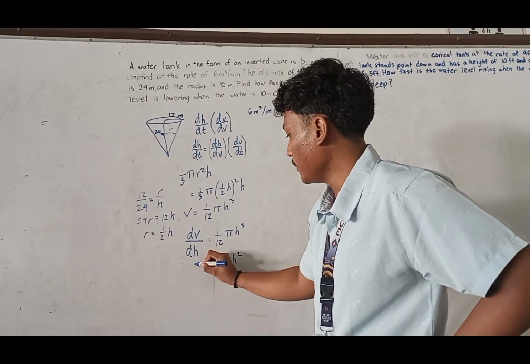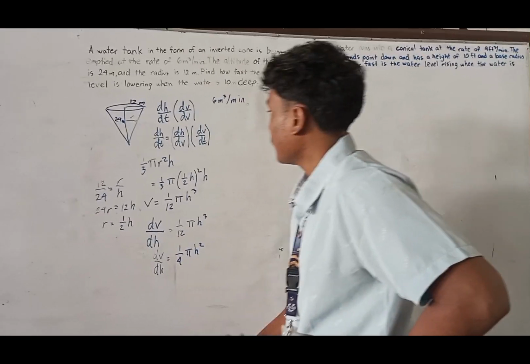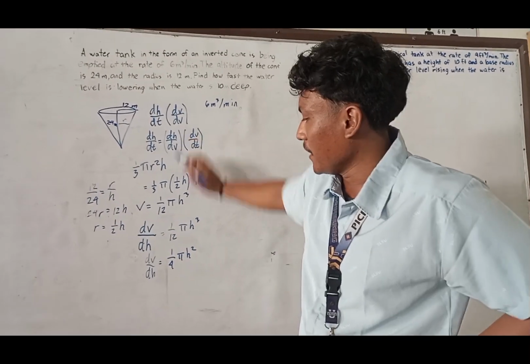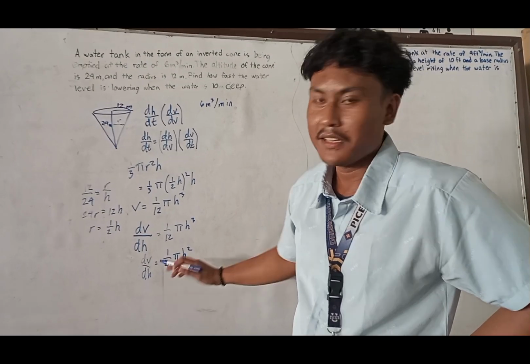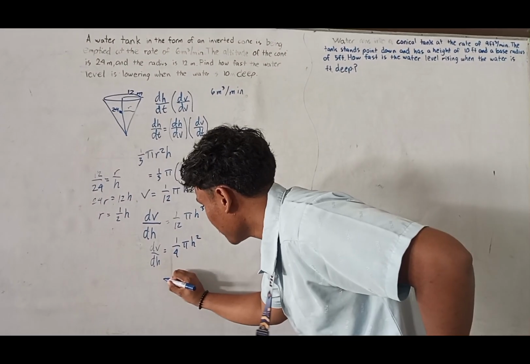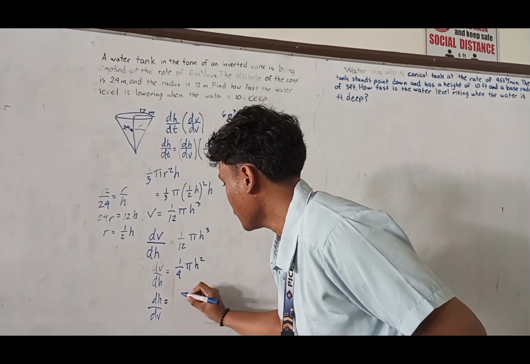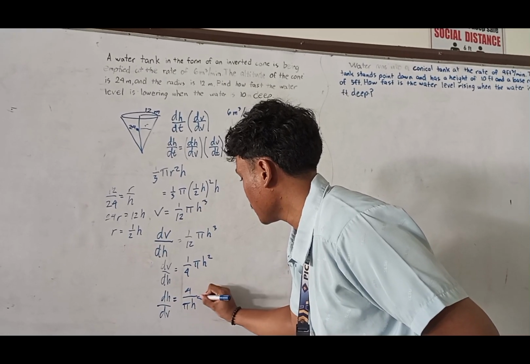That is now the value of our dV over dh. Now as you can see, in here is dh over dV, and in here is dV over dh. So we will just simply find the reciprocal of this value. We can get dh over dV is equal to 4 over pi h squared.